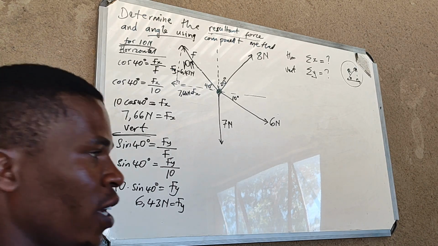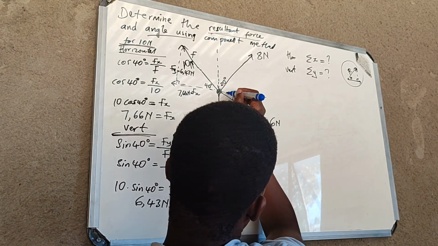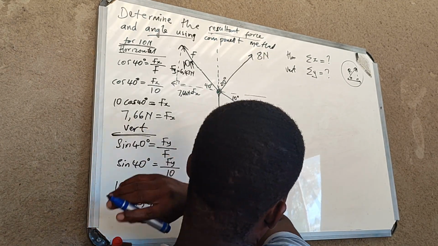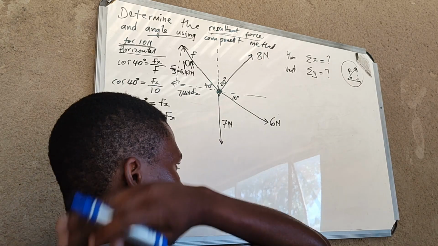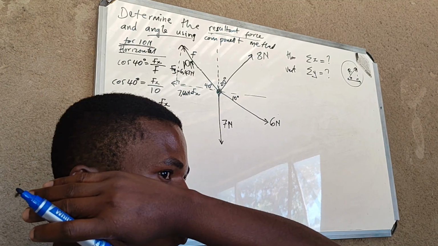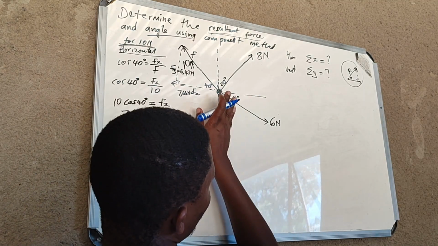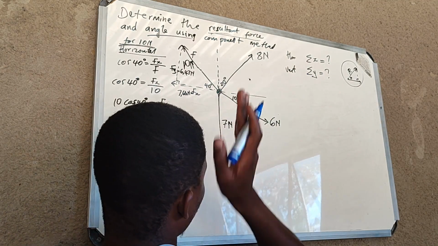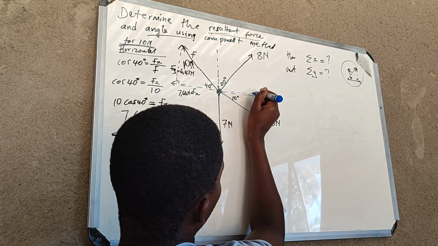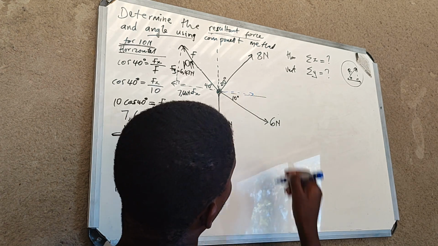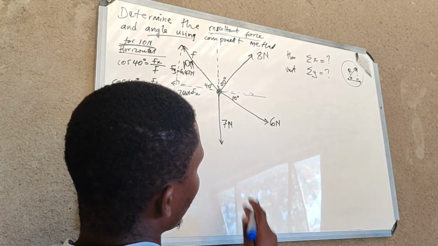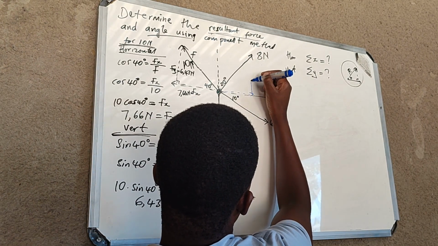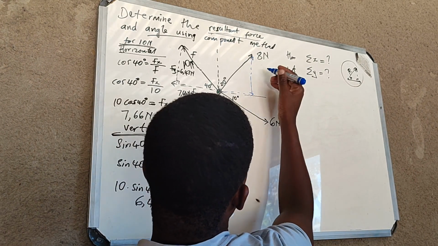So let's come to the 8 Newton. Where would this horizontal go, left or right, for this 8 Newton? Right. Of course, we are pulling that way, moving that side, so it should be to the right. Then the y component, is it up or down? Up. Moving kind of up, so the y component will be there.